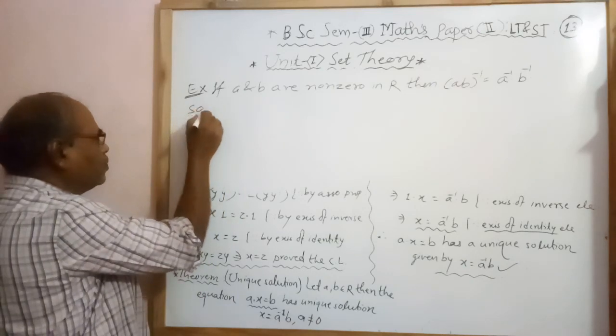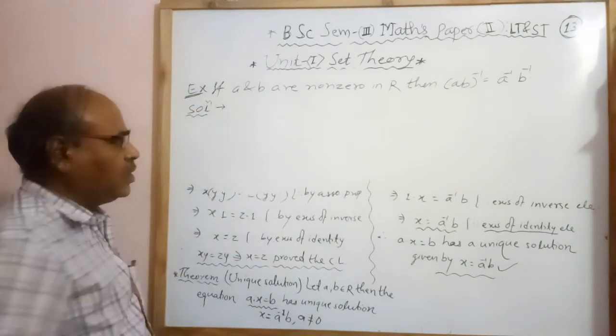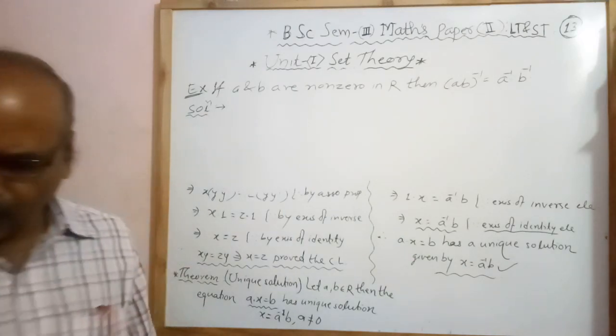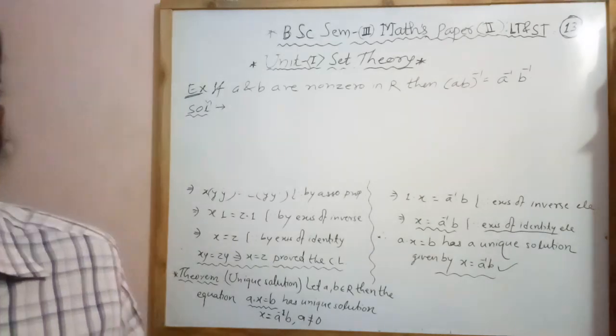See the solution. We consider the left hand side, AB inverse, and we multiply this by A inverse B inverse.